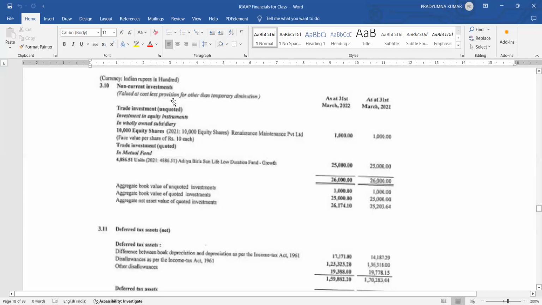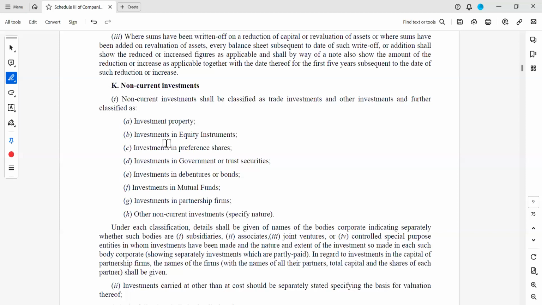Okay, accordingly, they have mentioned here how they have valued also. Okay, and where they have invested, some equity shares and mutual funds, and which is the fund, and they have given both the years. And aggregate book value of unquoted investments. See, unquoted and quoted. Okay, there are two. Okay, here they would have given that point.